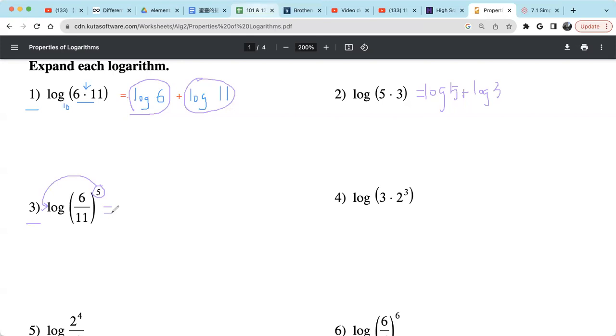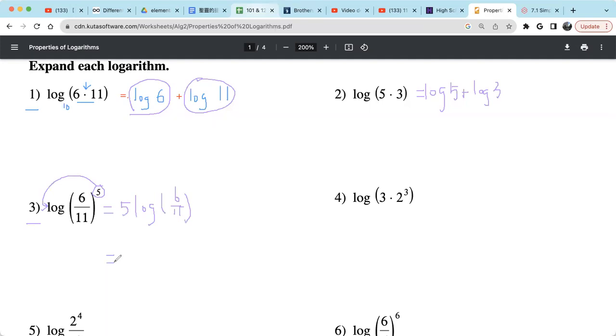So first, I write 5 times log of 6 over 11, a fraction. So I move the exponent to the front of log.